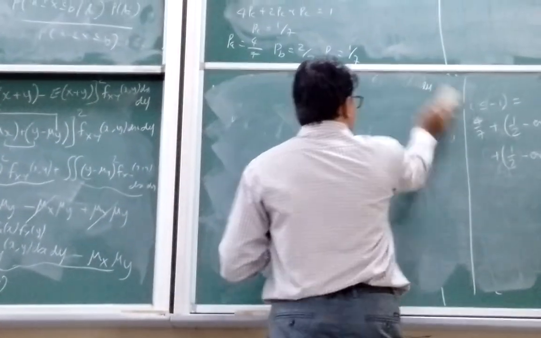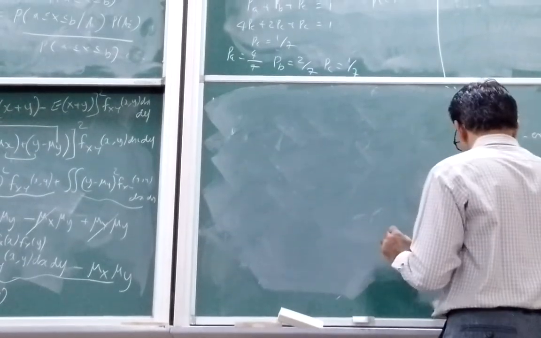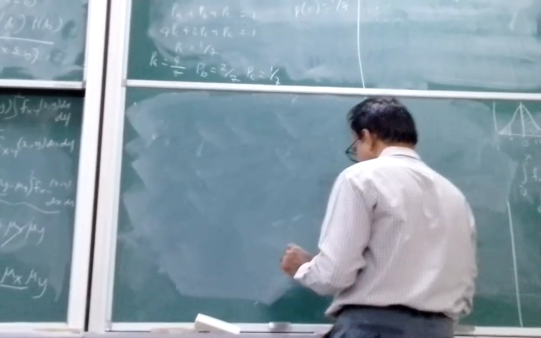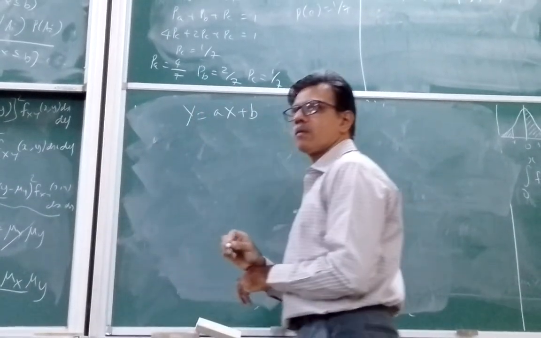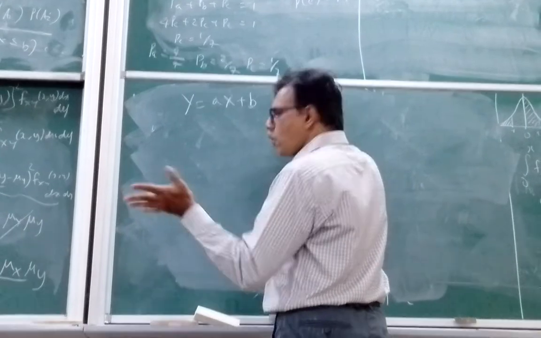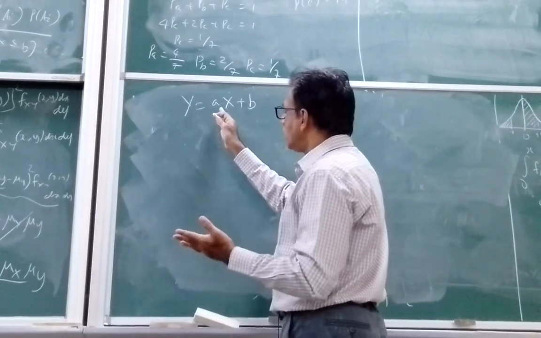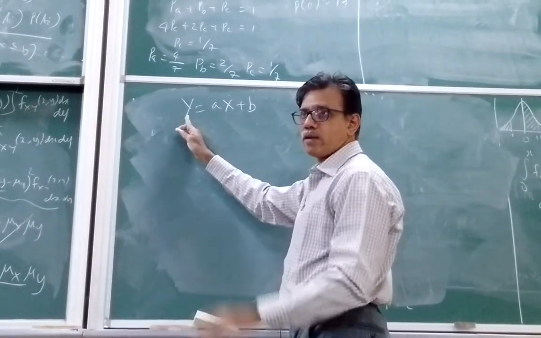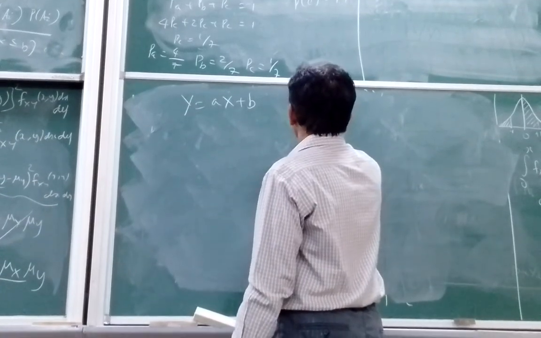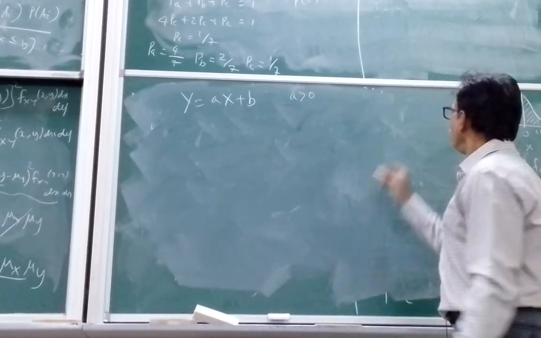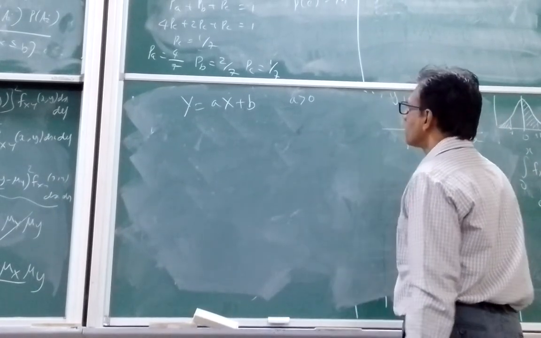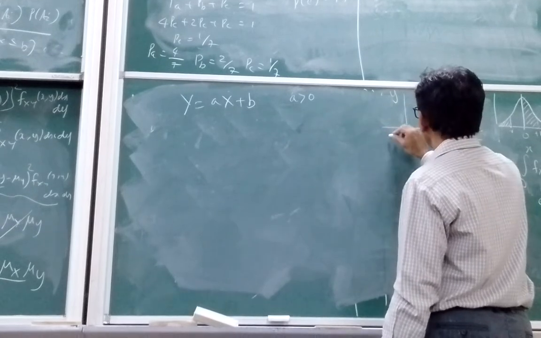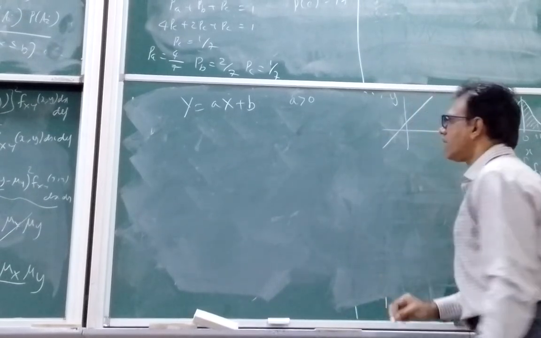Then for a function which is linear, it is easy to find. Suppose y is equal to ax plus b. Given the CDF of x, how do you find the CDF of y? Let us say a is a positive value. Then the relationship between x and y will look something like this.